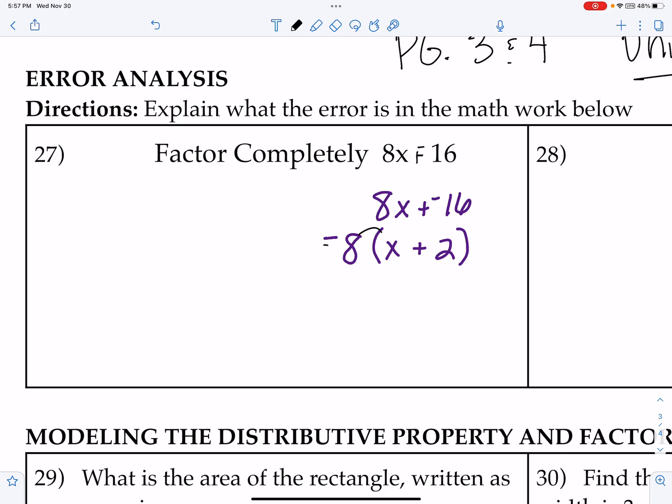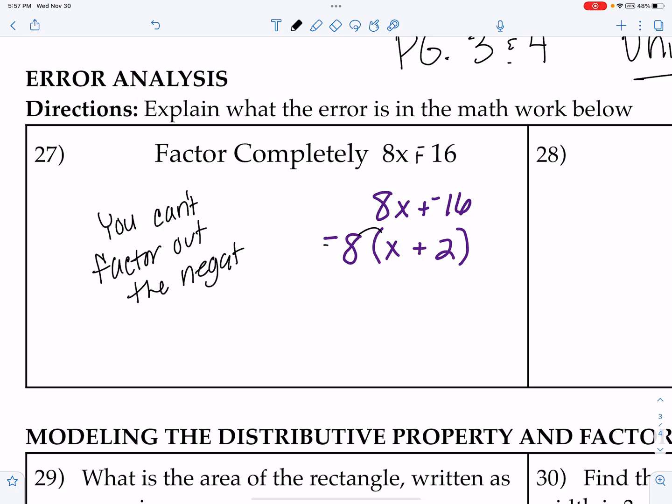So we're going to write you can't factor out the negative. Okay, so we just had to keep it positive 8 and then have the negative 2 on the inside.